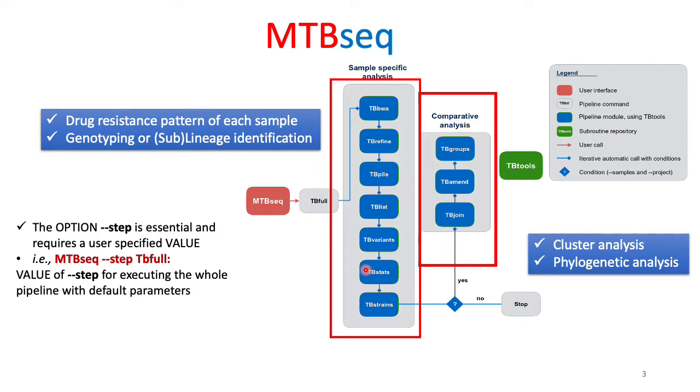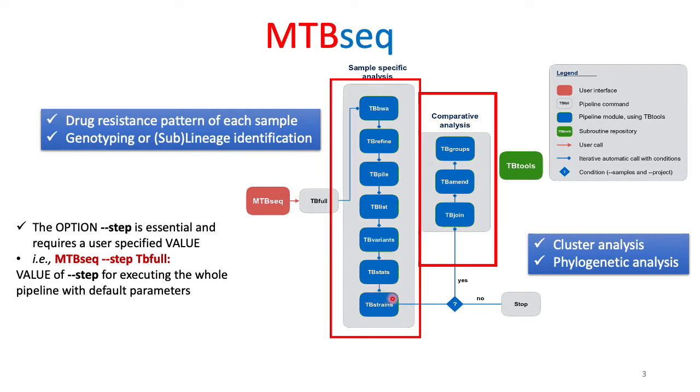Reported variants are annotated with applicable metadata, in particular the association with antibiotic resistance. In addition, MTBseq performs a phylogenetic classification using a set of informative SNPs, or single nucleotide polymorphisms.